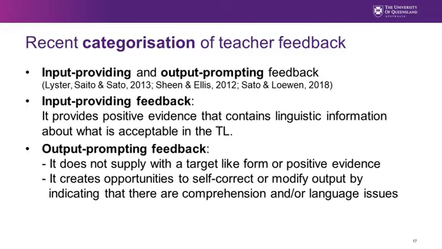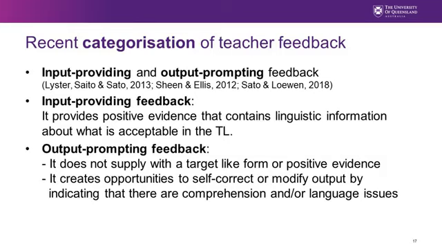More recently, feedback has also been classified into two broad types, apart from explicit and implicit. These types are input providing and output prompting feedback. Input providing feedback provides positive evidence which contains linguistic information about what is acceptable in the target language.